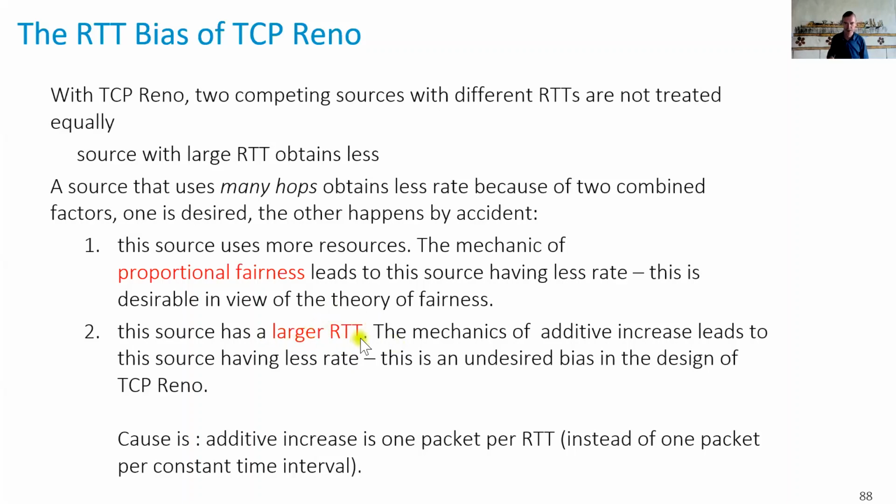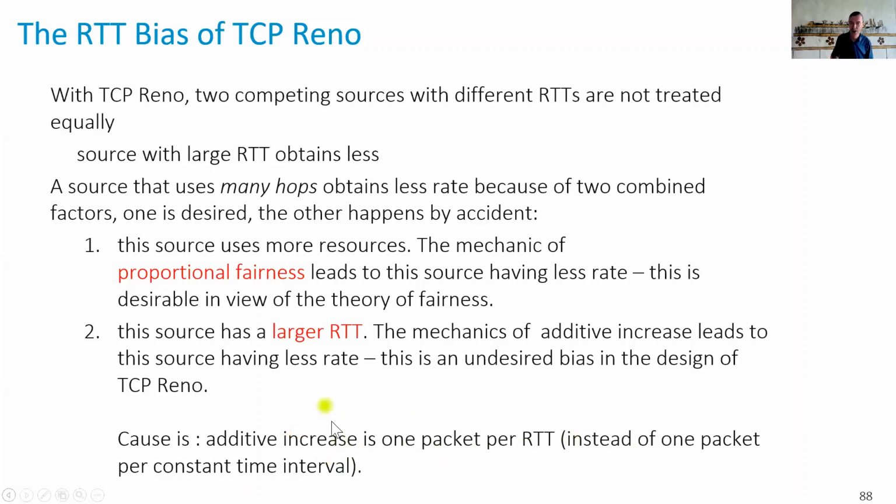We can interpret this. The cause is that we do additive increase of 1 per RTT, or approximation of it. Now, 1 packet per RTT means the rate that we increase is MSS over RTT. If RTT is large, the rate increase is small, right? And also, we do that less frequently.